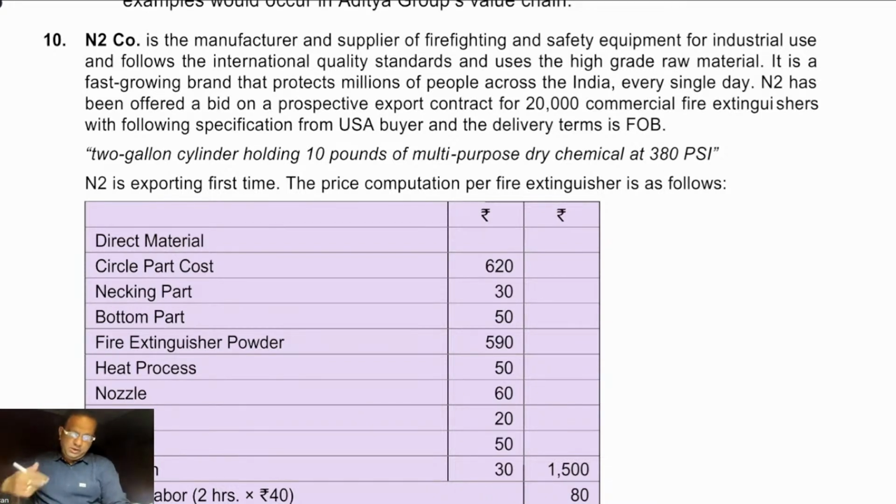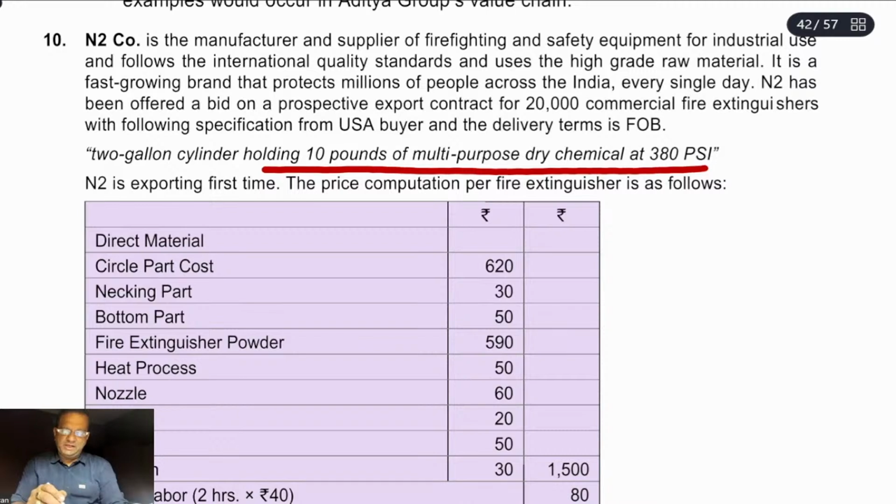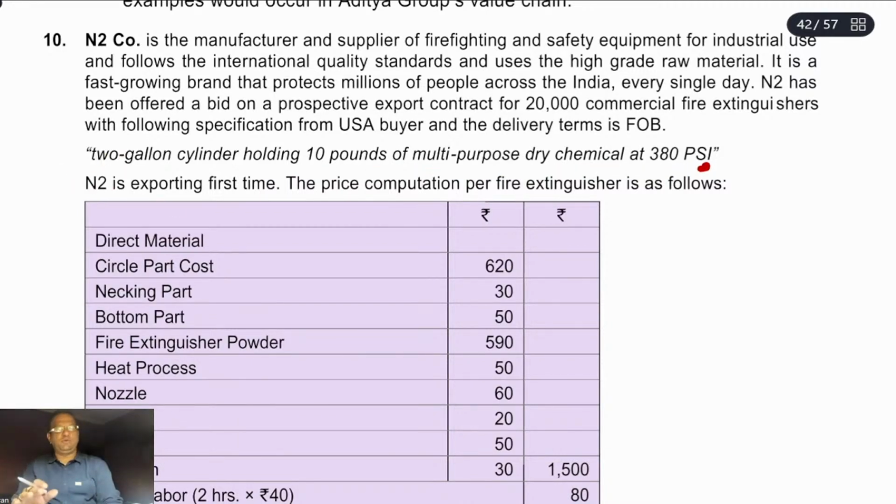What is the specification of that fire extinguisher? It's a 2-gallon cylinder holding 10 pounds of multi-purpose dry chemical at 380 psi. Not relevant for us because it's technical terminology. The only important point to carry forward in the question is that we have received an export order for 20,000 commercial fire extinguishers.